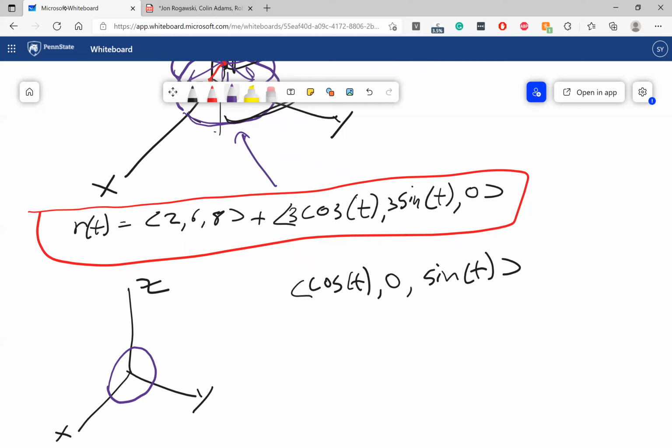Again, because if you take x squared plus z squared, you get 1. Well, again, in order to change the radius, we put a 3 here and a 3 here. So that changes our radius. And then we just add the same point as before, 2, 6, 8. And now that's my R of T.